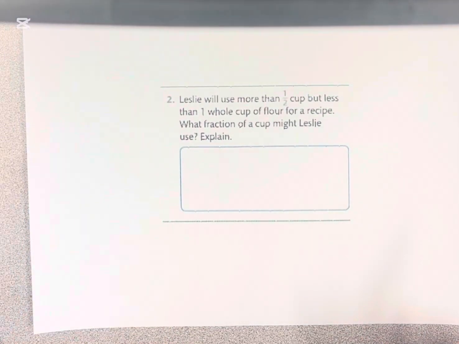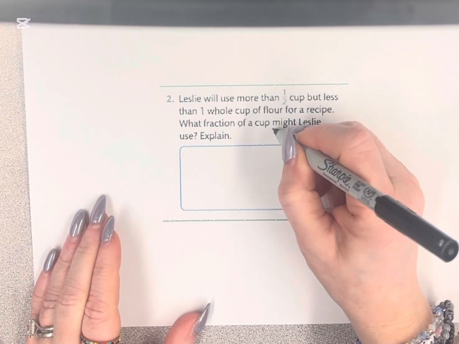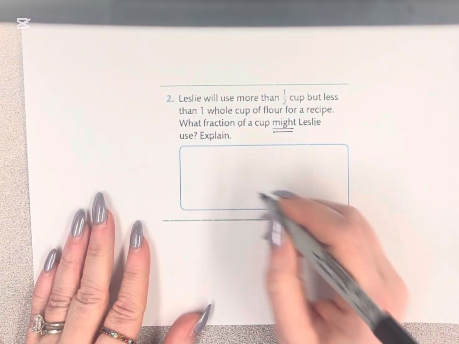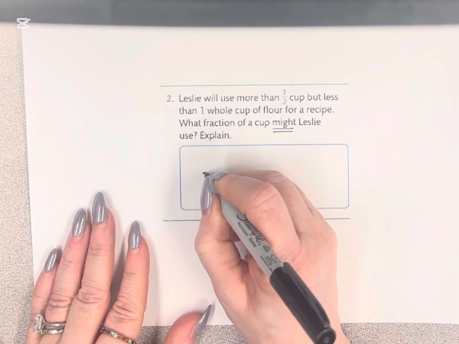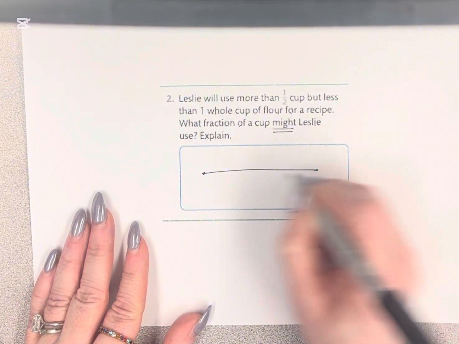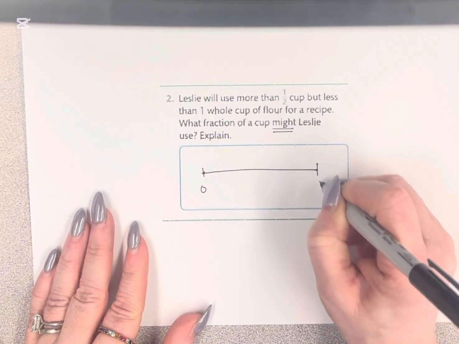Okay, so let's talk about Leslie. Leslie will use more than 1/2 cup, but less than 1 whole cup of flour for a recipe. What fraction of a cup might Leslie use? Explain. Okay, so we have 1/2. Think about a number line. We have 0. We have 1.